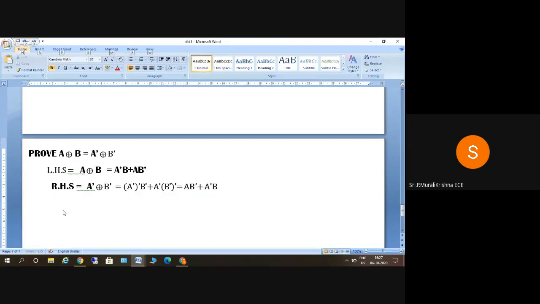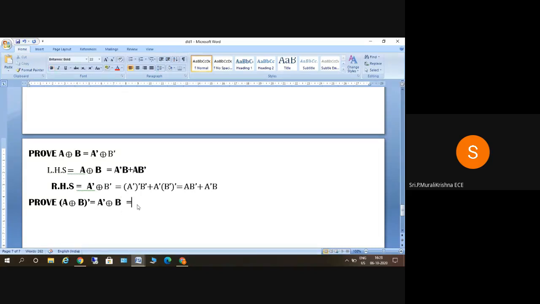Next, consider the second proof here. Okay, so second one, A exclusive of, so prove, whole bar is equal to A bar exclusive of B. So I have to prove this.